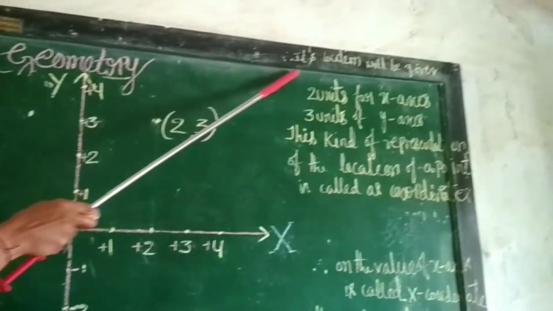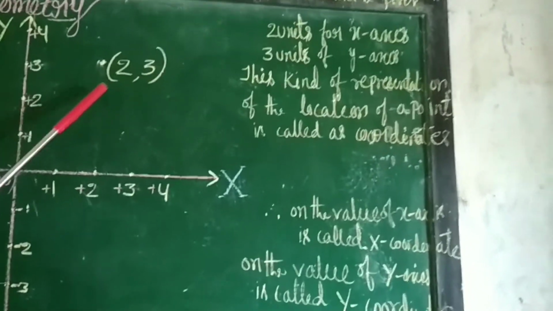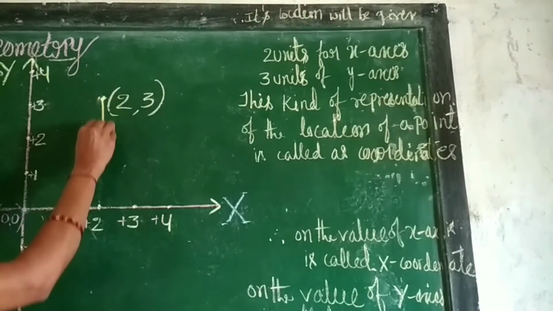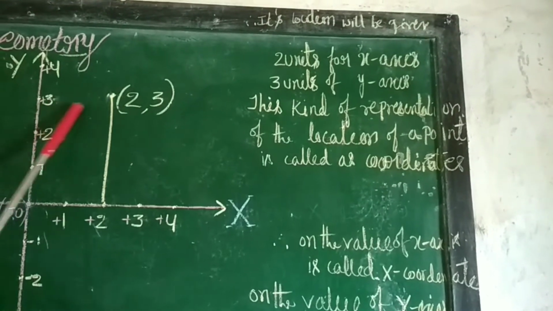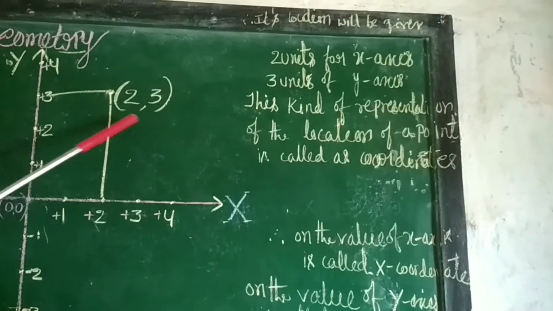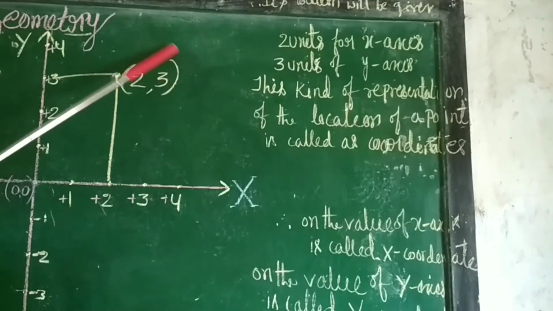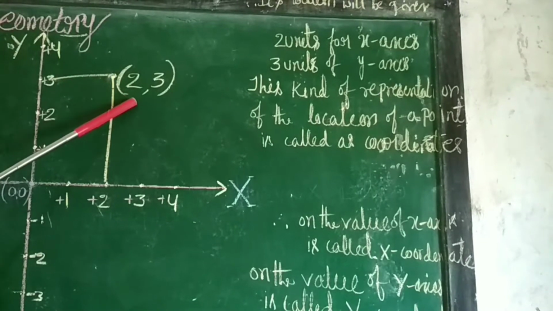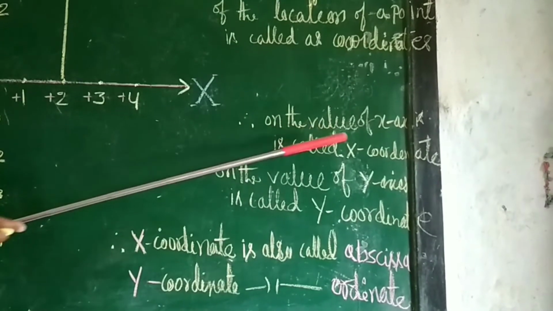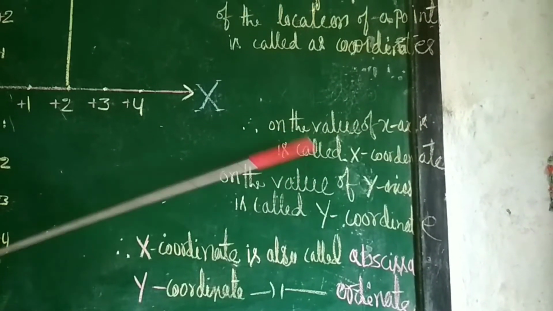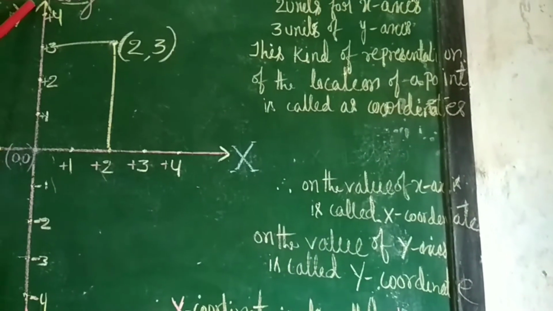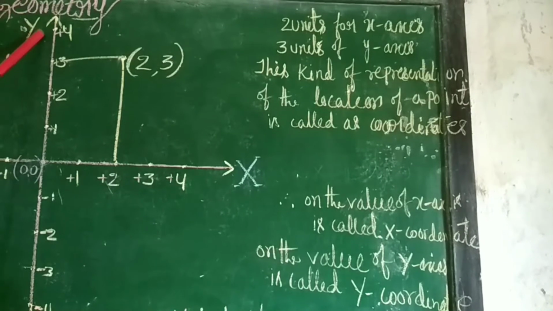Its location will be given accordingly: 2 units on the x-axis and 3 units on the y-axis. This kind of representation of the location of a point is called coordinates. Once again, the value on the x-axis is called the x coordinate, and the value on the y-axis is called the y coordinate.